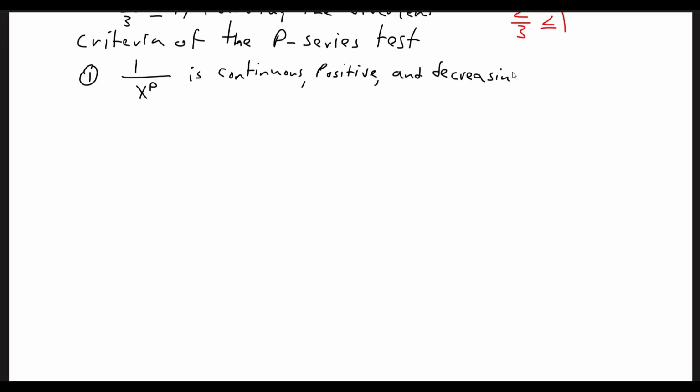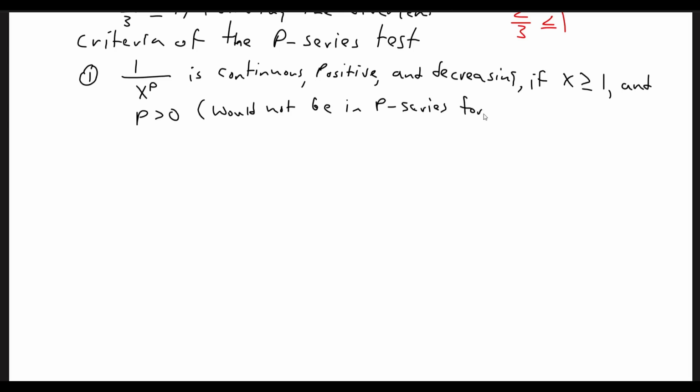But this would only be true if x is greater than or equal to 1 and p is greater than 0, because it would not be in p-series form otherwise. So since we did the justification here, continuous, positive, decreasing, we can therefore apply the integral test.